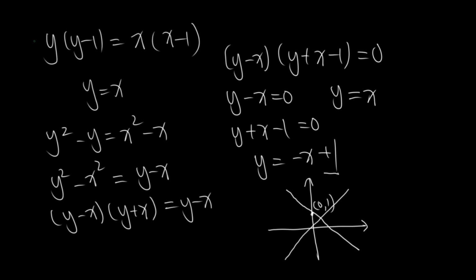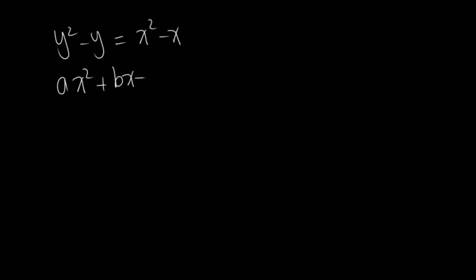I also have a second method, which uses completing the square. So y squared minus y is equal to x squared minus x. And we know that we can write any quadratic polynomial in the form of ax squared plus bx plus c, in the form of a times x minus h squared plus a constant.